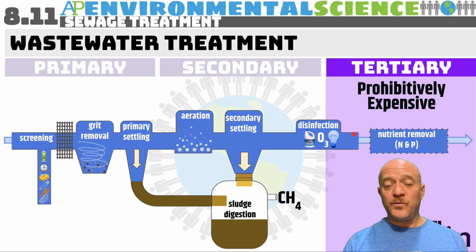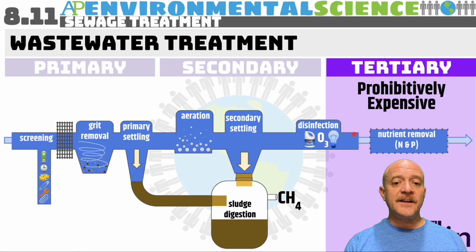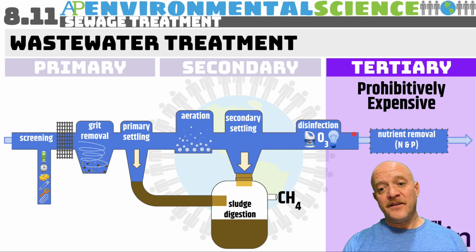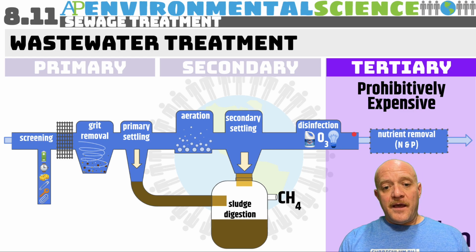So a lot of the sewage from Manhattan and Brooklyn comes into the Newtown Creek wastewater treatment plant. And our sewage system is so old that this tertiary treatment was developed after it was constructed, so it would be very expensive to add this.